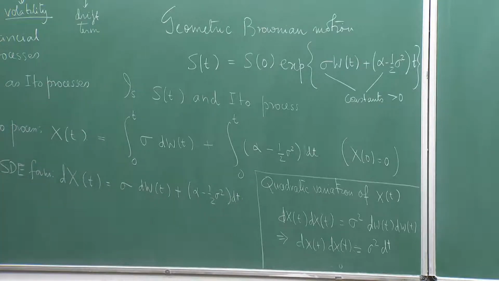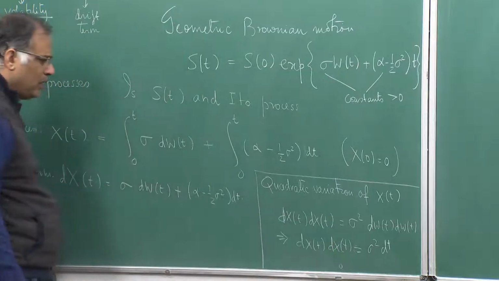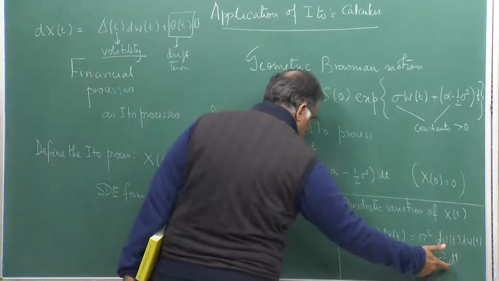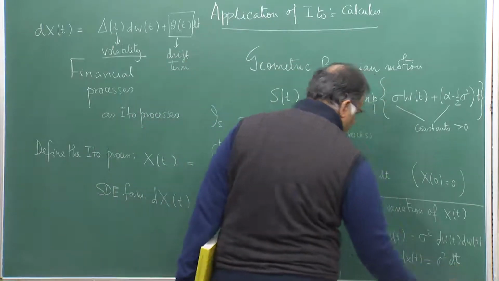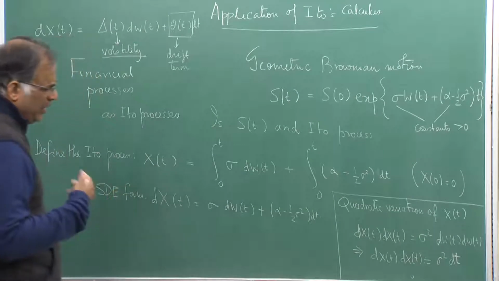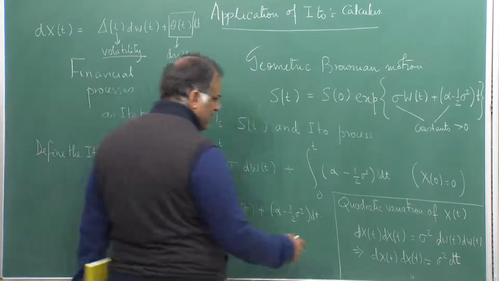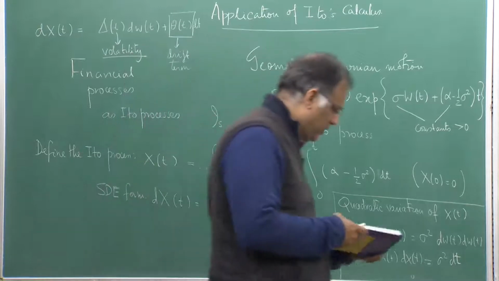So, this Ito process also has a path-independent quadratic variation. The quadratic variation of X at t is sigma squared t.